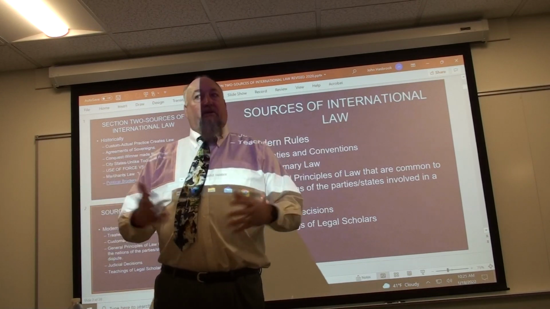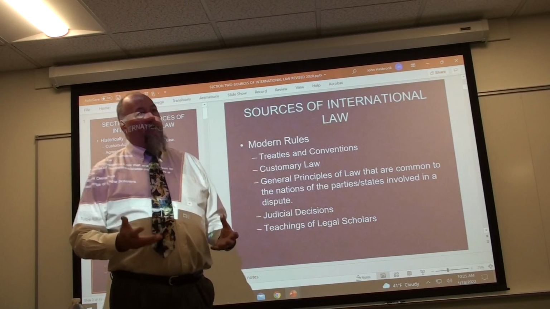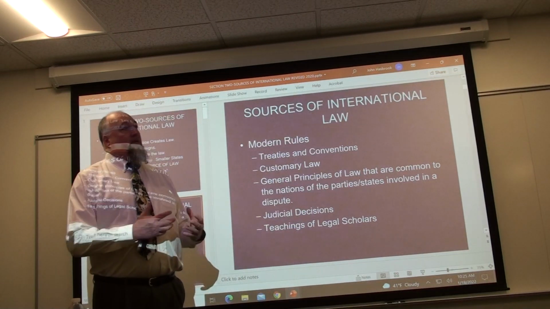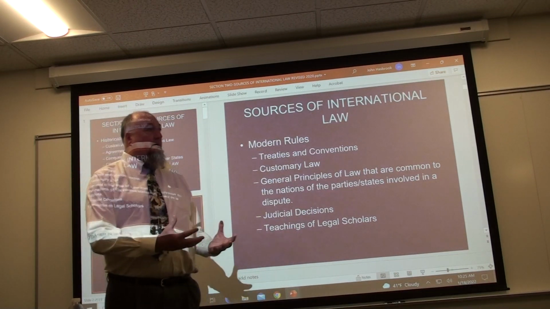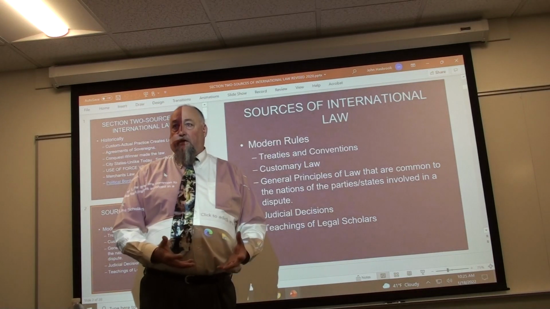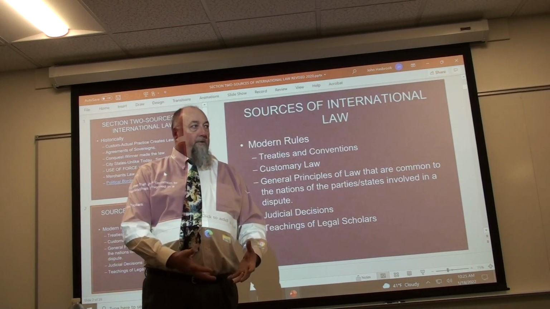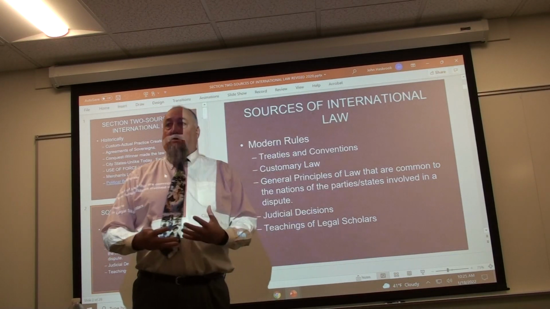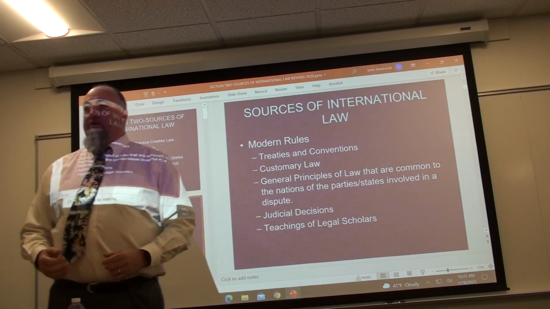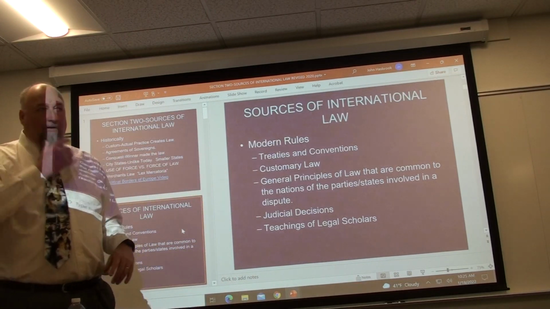The idea of the reasonable person test is a general principle of law. The idea that a contract, if you enter into it, is to be strictly construed based upon the written terms, and that you have a good faith obligation to follow the contract. So these are just general ideas.